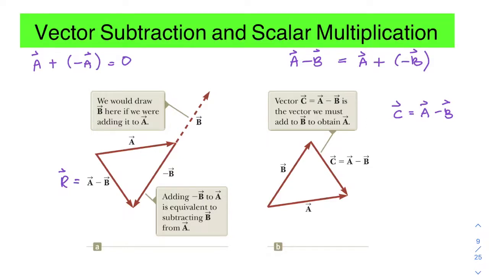So we can rearrange this equation as C plus B is equivalent to A. That is the meaning of this statement. C is a vector that we need to add to B in order to get A.